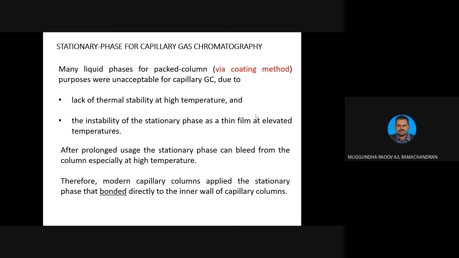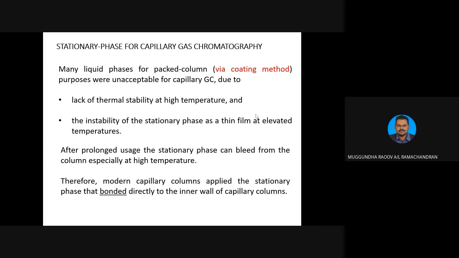Many liquid phases used for packed columns via the coating method were unacceptable for capillary gas chromatography, due to the lack of thermal stability at high temperature and instability of the stationary phase as a thin film at elevated temperature. With prolonged usage, the stationary phase can bleed from the column, especially at high temperature.